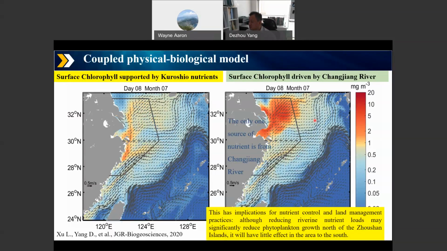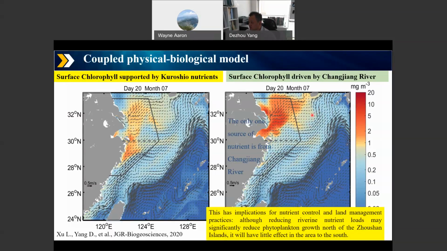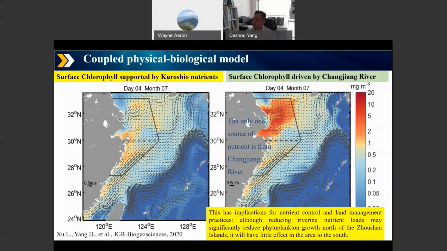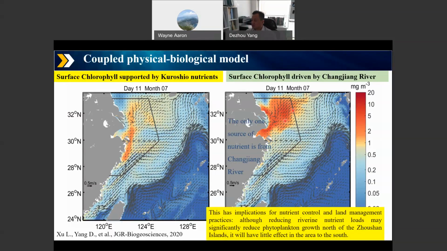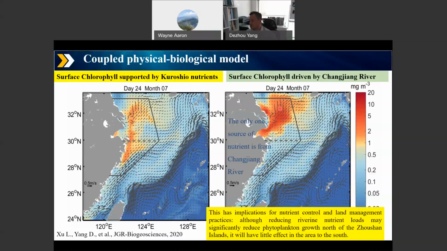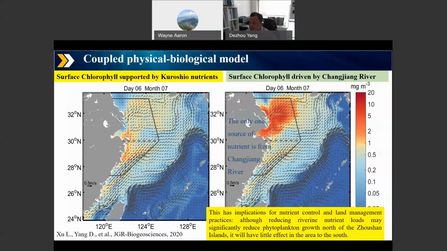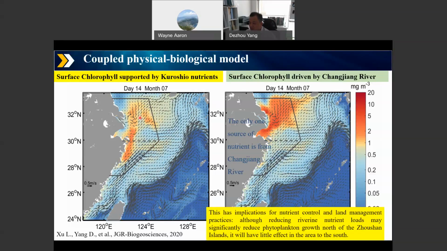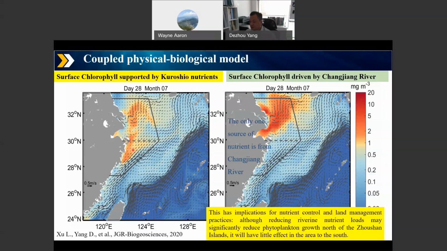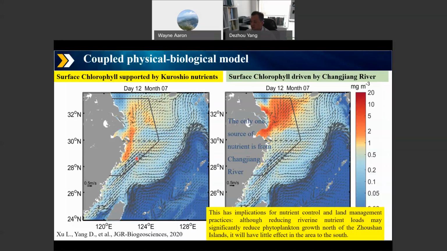In the right panel, the only nutrient source is from the Changjiang River. We can find in this area, the chlorophyll is mainly regulated by the nutrients from the Changjiang River. But in this area and some part of this area, the chlorophyll can be regulated by the nutrients from the Kuroshio current.